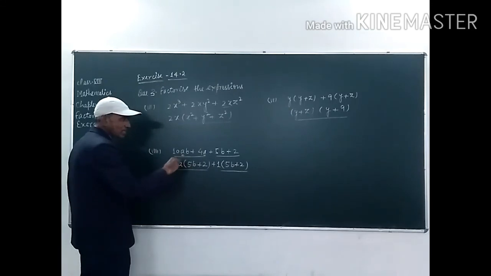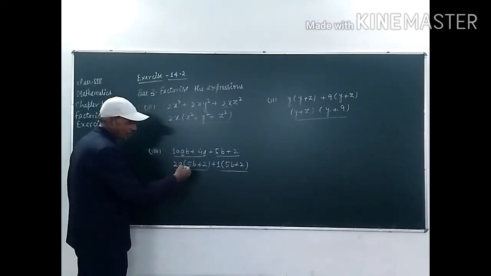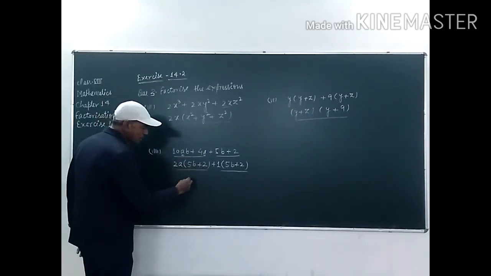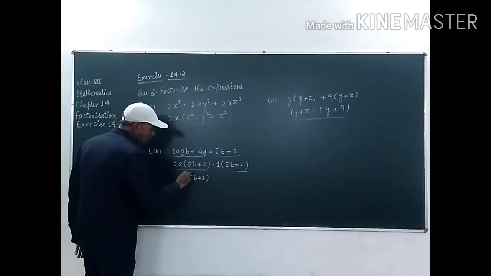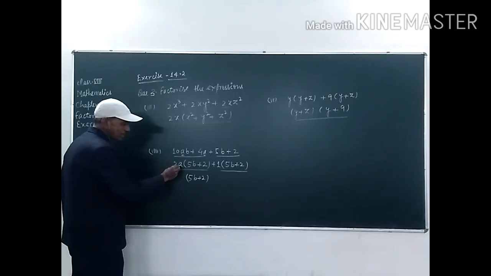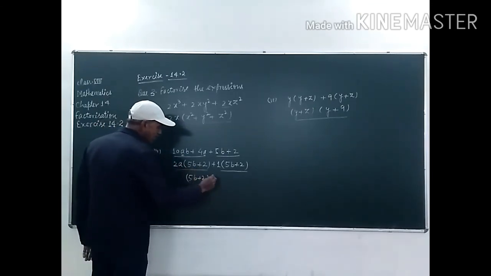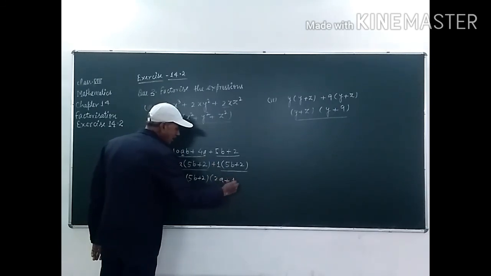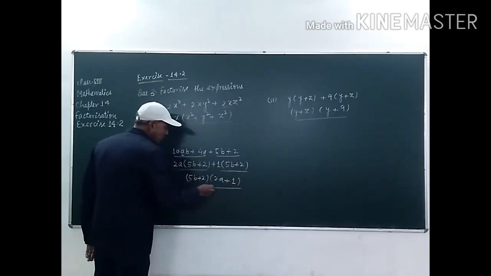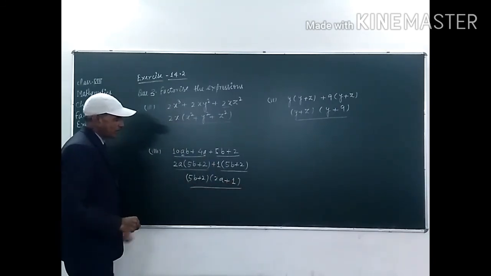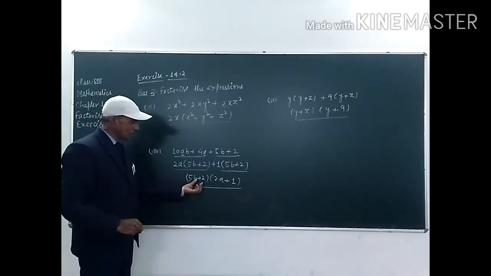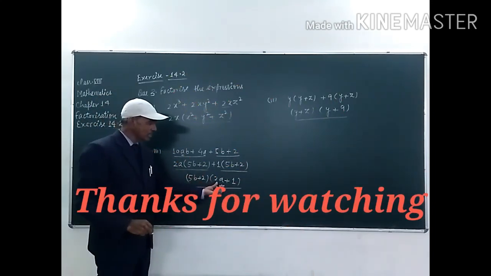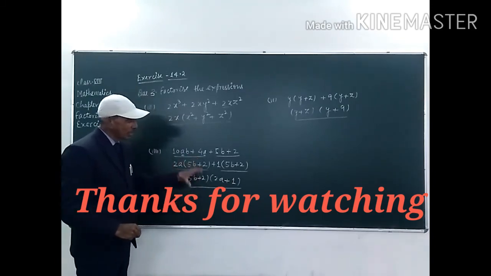In the whole expression, what is common? That is 5b plus 2. 5b plus 2 is common. And what remains in the first part? That is 2a, plus in the second part, that is 1. So this one is the answer, student. This one is 5b plus 2 in one bracket, and this 2a plus 1 in another bracket.